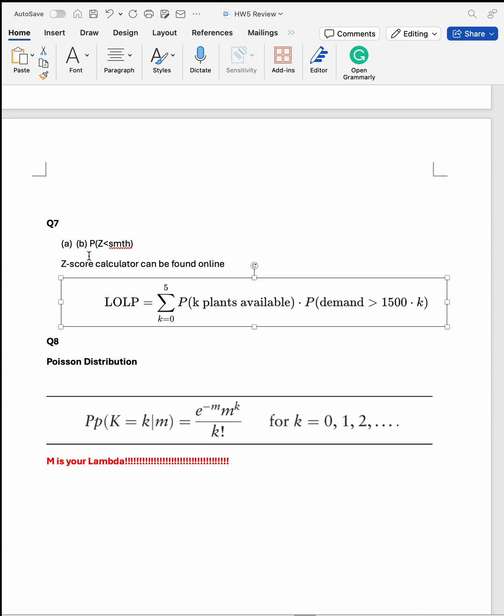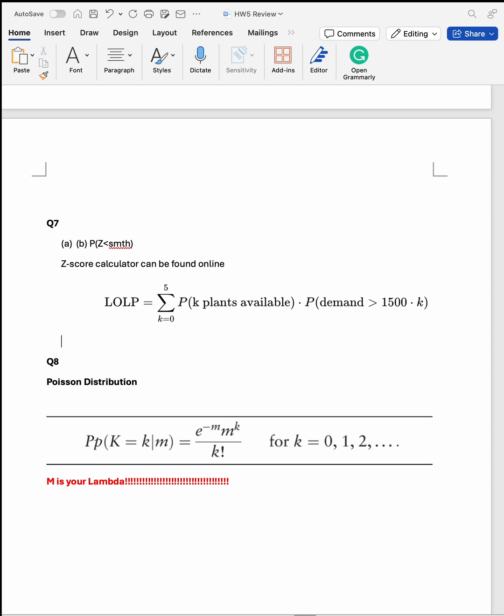You may have to calculate P0 all the way to P5, which is 6 in total. By the way, this is for part 3, my bad.